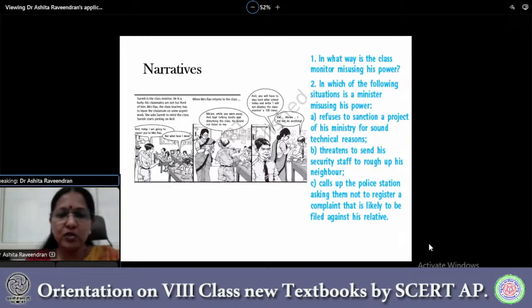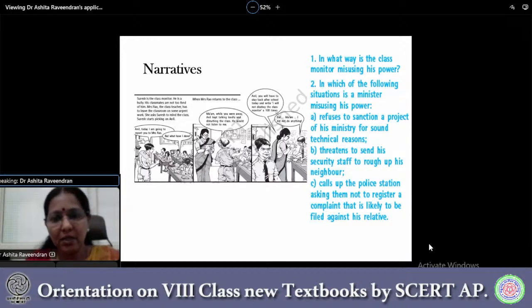So he is misusing his power. This gives the child an awareness, in their classroom, of how power can be misused, and this is a reference to their tomorrow's life. Tomorrow, when they enter the world of work, they will find many such situations where power is being misused. They also become aware of how to avoid such situations of misuse of power, and how they themselves should not misuse the power they have.